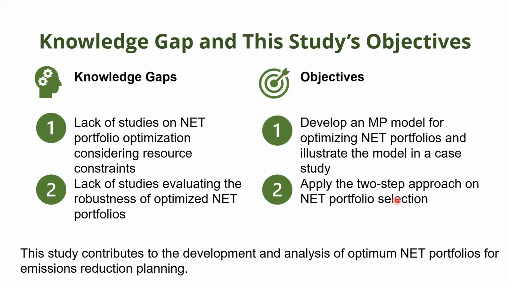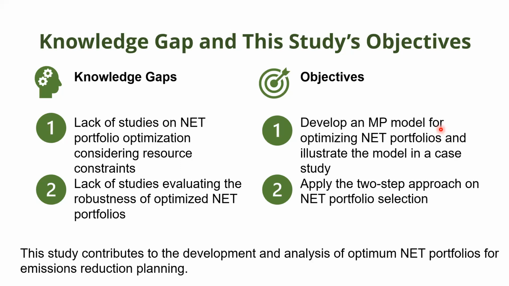Therefore, the knowledge gaps identified are, first, there is a lack of studies on NET portfolio optimization considering resource constraints. Second, there is a lack of studies evaluating the robustness of optimized NET portfolios. To address these knowledge gaps, this study first develops a mathematical programming model for optimizing NET portfolios.